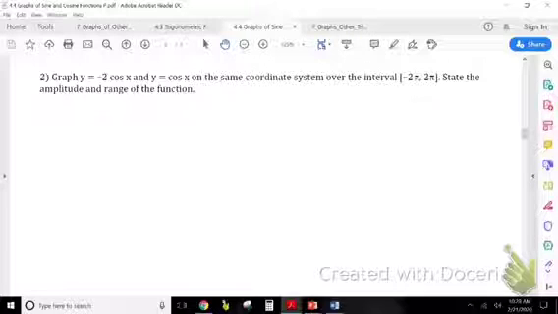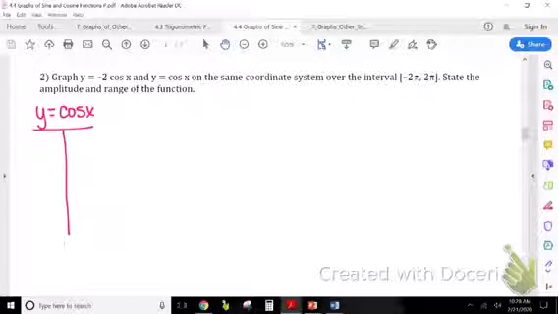So let's start with our parent function, y equals cosine of x. What is the period for cosine? The period, 2 pi. All right, so remember the period table goes from 0 to 2 pi. Split it in half, and then split those little intervals we just created in half to get those x values.